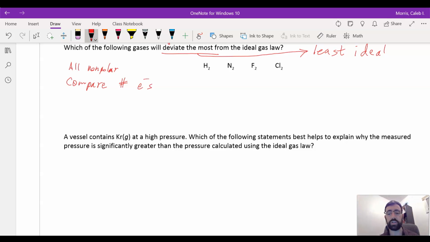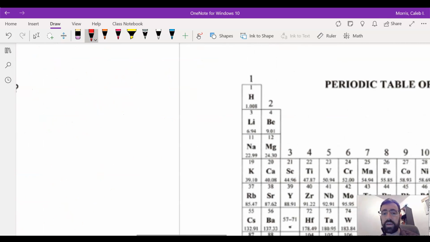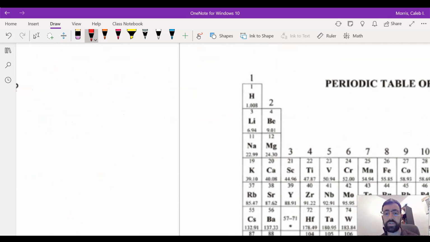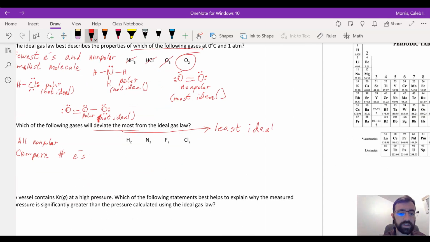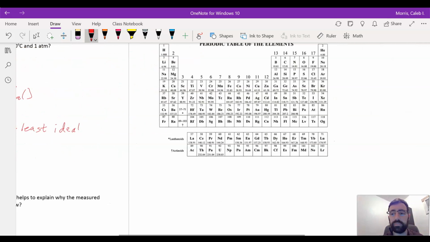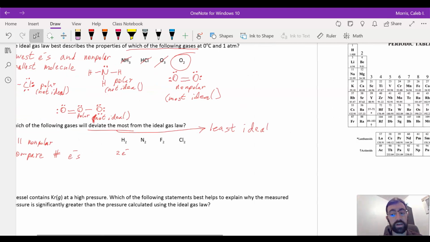So H2, that's hydrogen. We've got 2 of them, so that means we're going to have 2 electrons. So hydrogen has 2 electrons. Nitrogen is going to have 7 times 2. We're not talking valence electrons, this is total number of electrons.